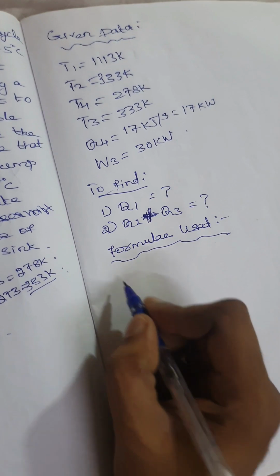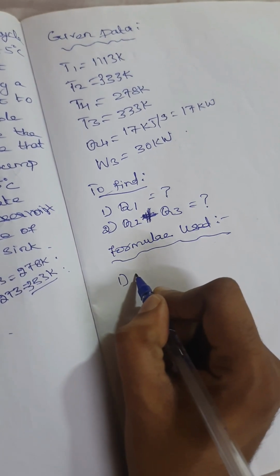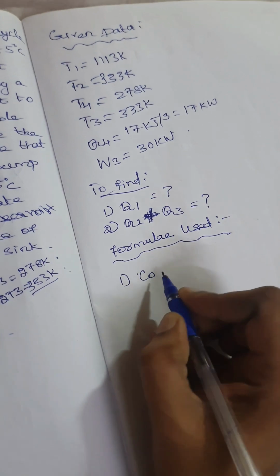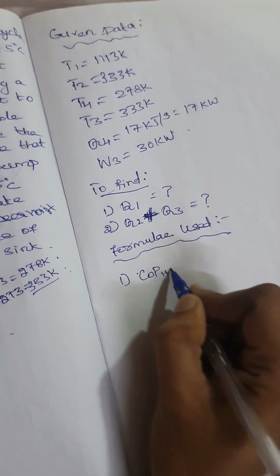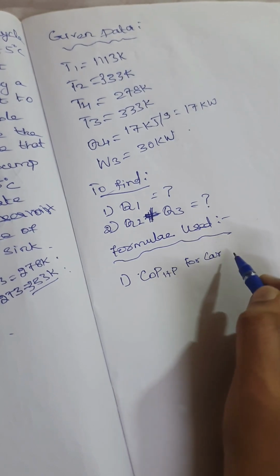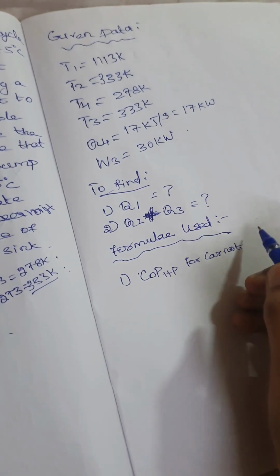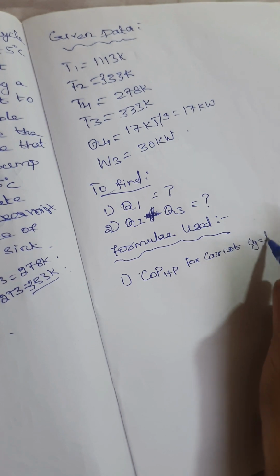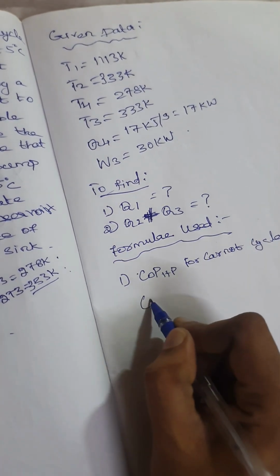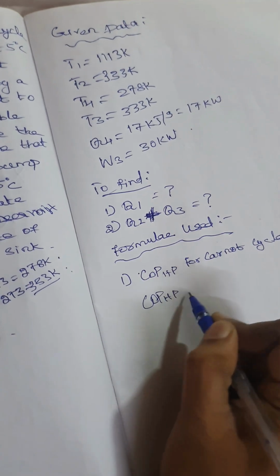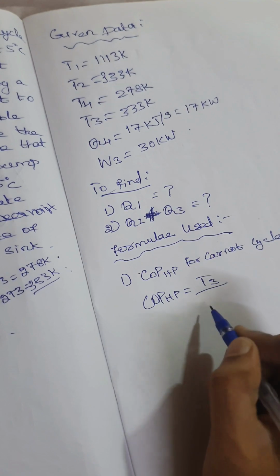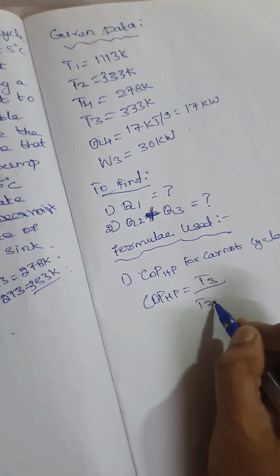Here the first formula is the COP of heat pump for Carnot cycle, that is T3 divided by T3 minus T4.